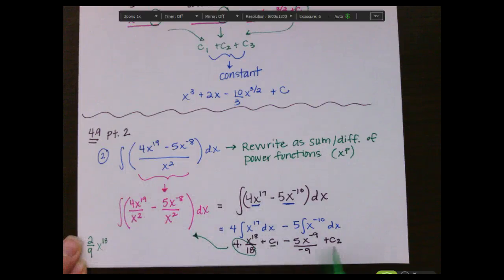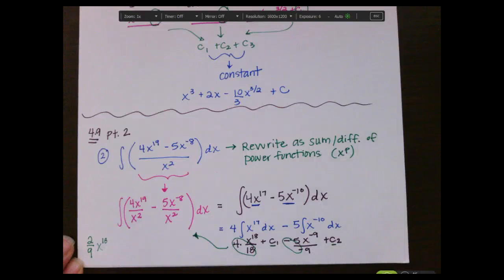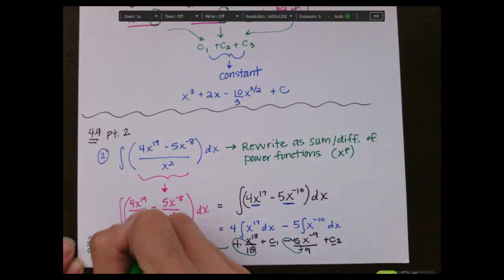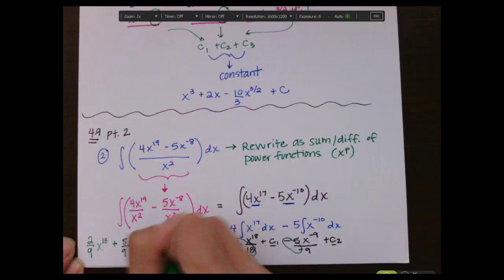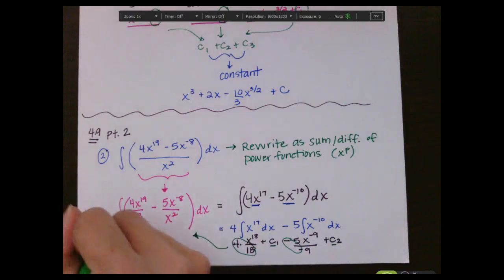The constants, c1 and c2, I can combine and add to the very end. And then over here, I've got this fraction, negative 5 over negative 9, so I can add 5/9 x to the negative 9 plus c. So that's a good answer.